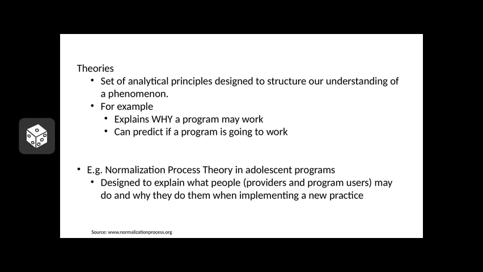That's a why question that quantitative work often can't answer. It can also help you predict whether this is going to work to address this issue. One that's commonly used, for example, is normalization process theory. You can use that in adolescent programs to ask whether providers or the program users, the adolescents, are going to do what we want them to do based on implementing this new practice. Again, these are tools for teasing apart why something may happen.